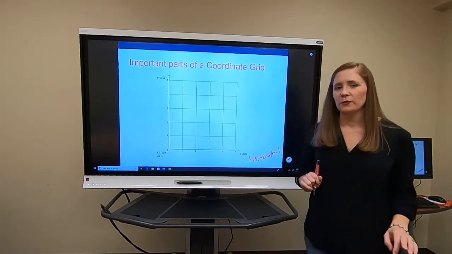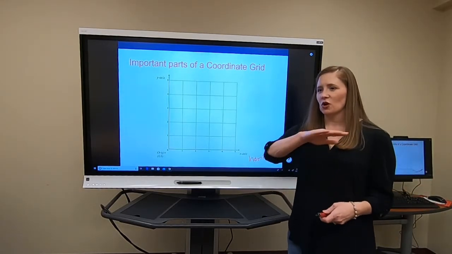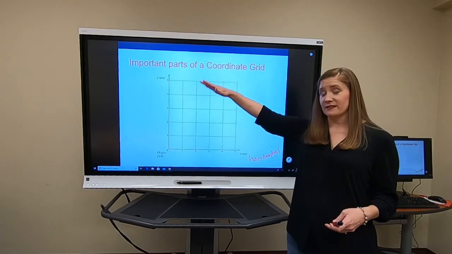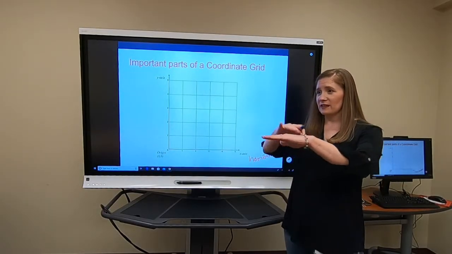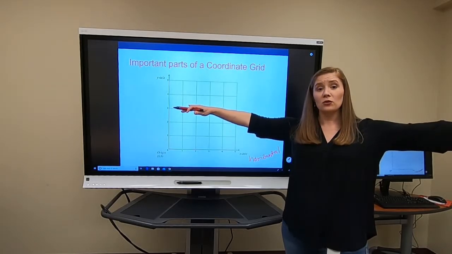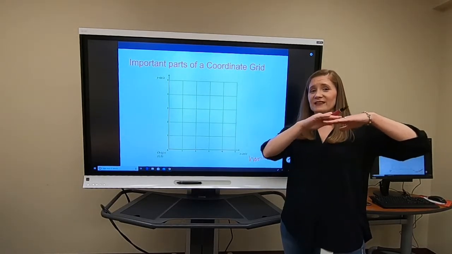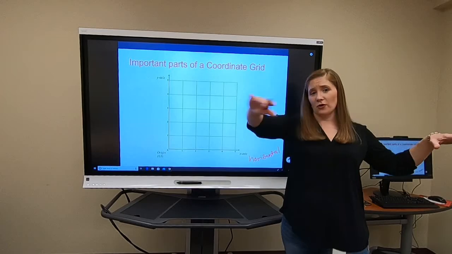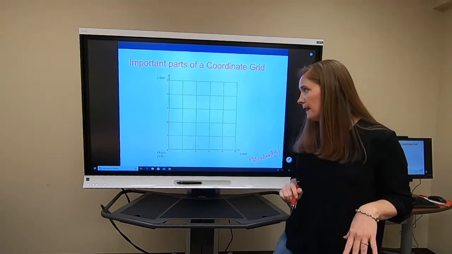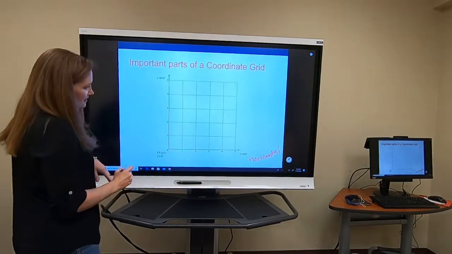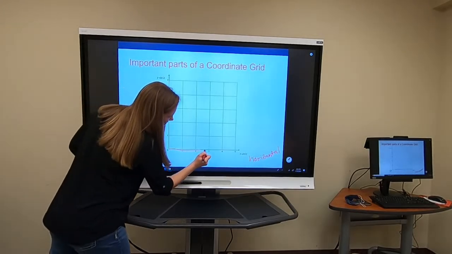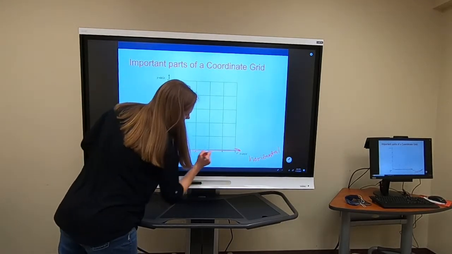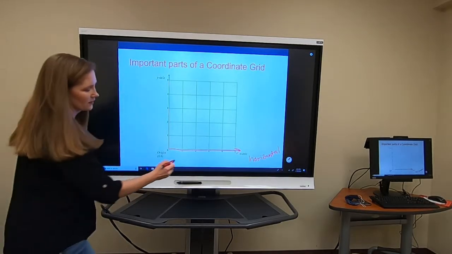A good way to remember that is the horizon: if you ever see the sun set or rise, or you've looked across a field or at the beach, that's the horizon, and it goes across. So that is the x-axis, and that is this line right here. I'm going to circle that.